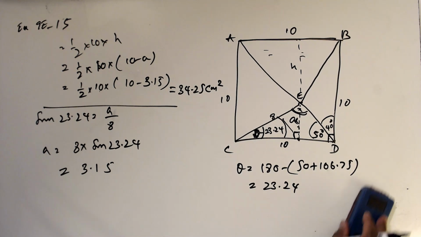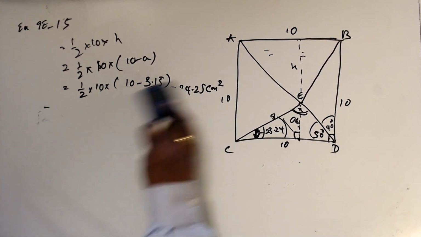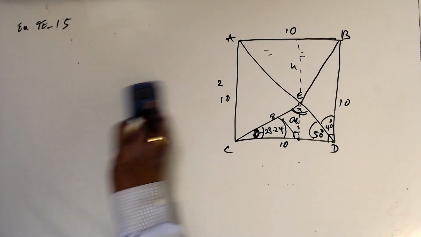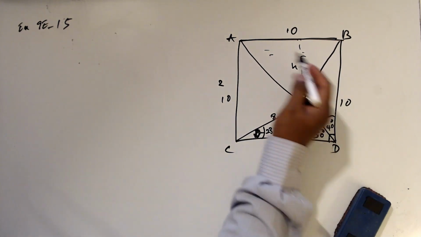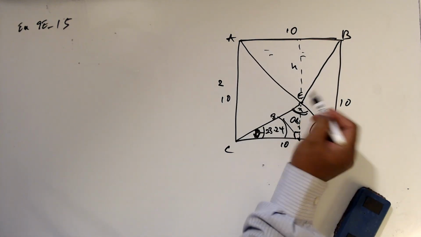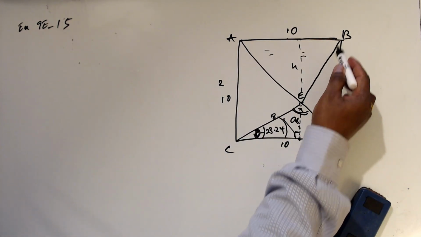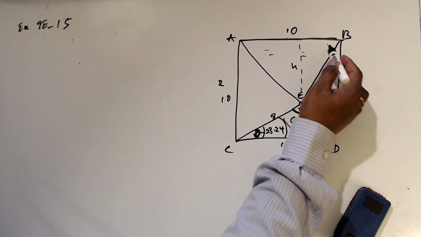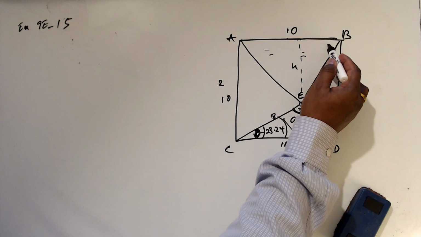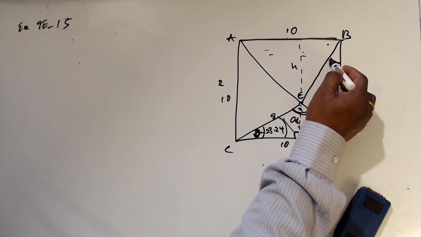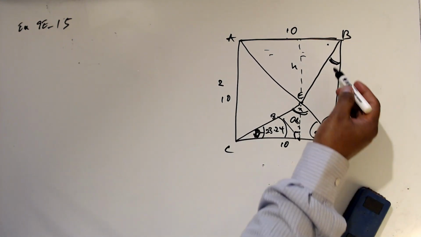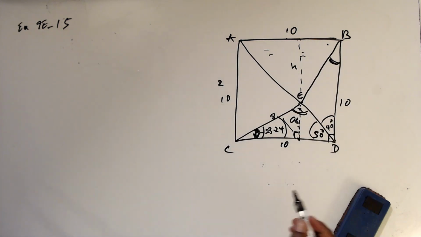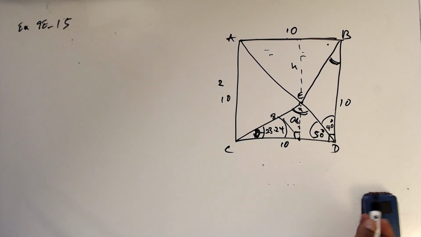You can work a bit differently, but it's lengthy way of doing it. You can use half AB sine C. So you know this is 10, if you know this length and this angle. So then you need to find this angle. If you find this angle and this length, then you can work out.